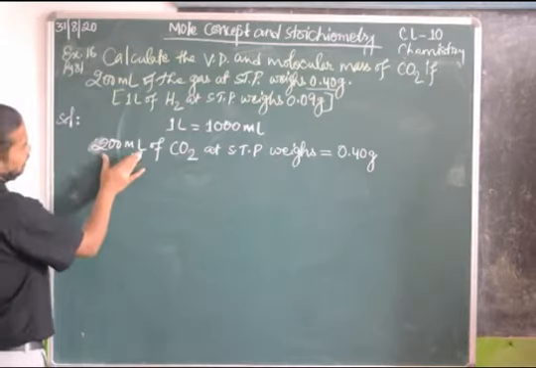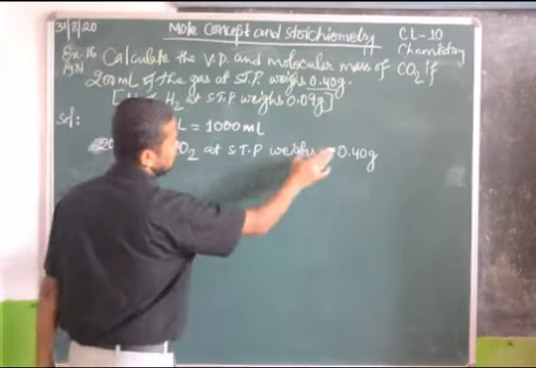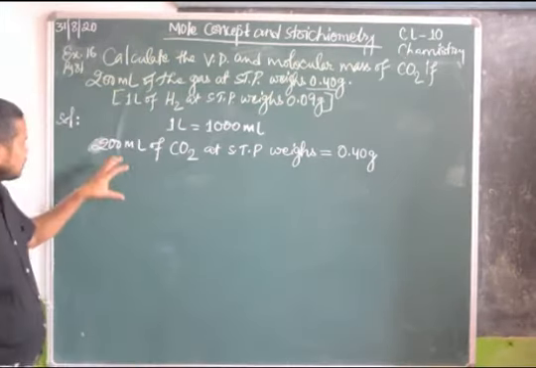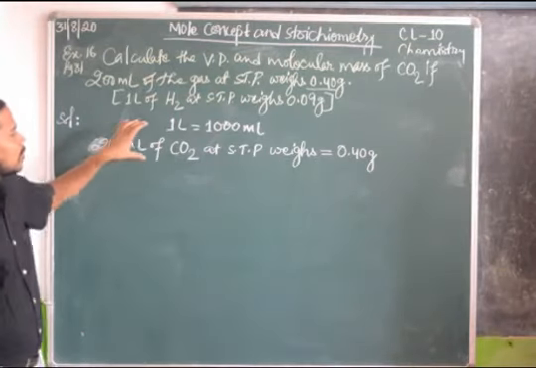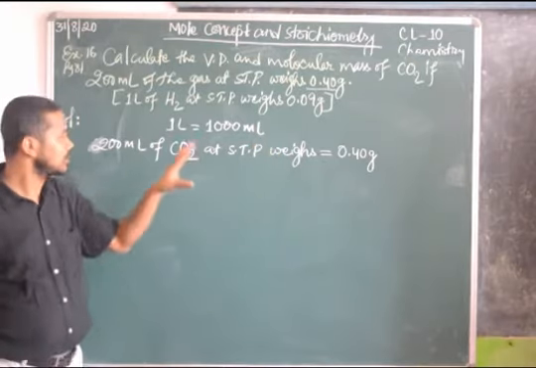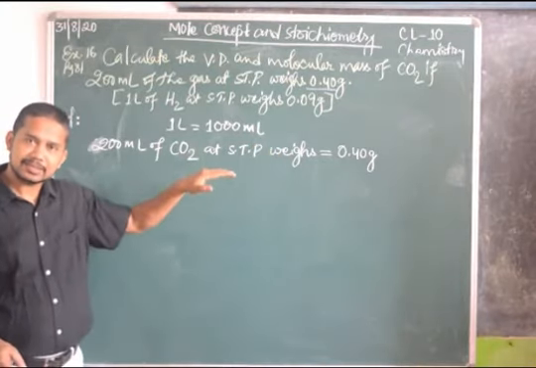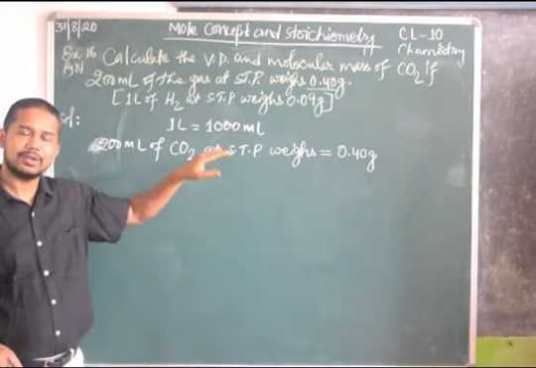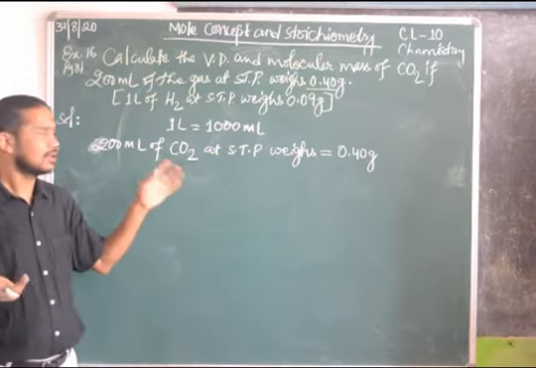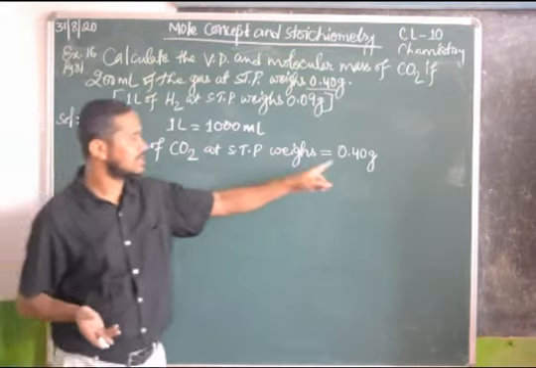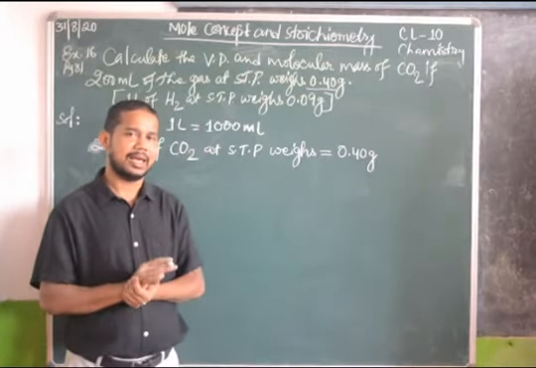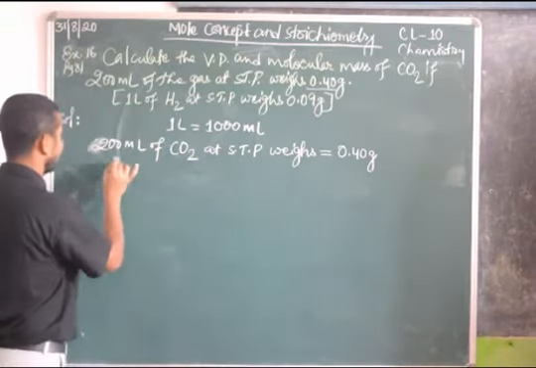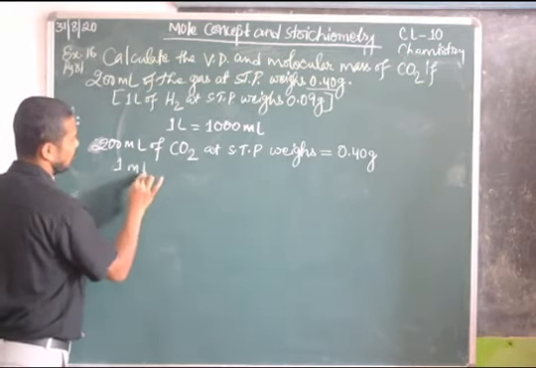Now, 200 ml of carbon dioxide at STP weighs 0.40 gram. That means if you find for 1 ml, 1 ml will weigh less than this or more than this? What about 1 ml?